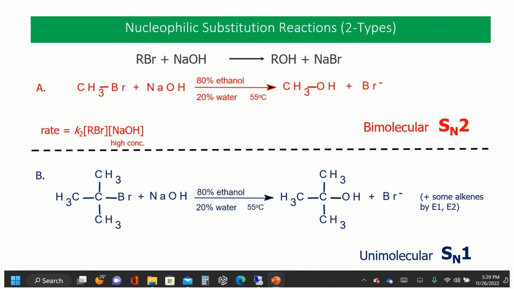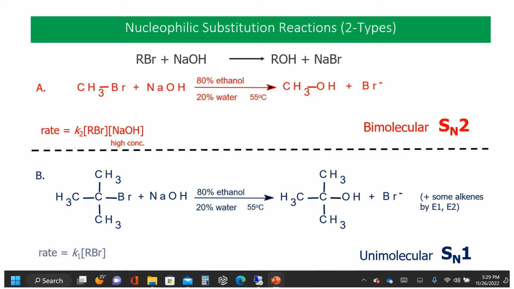In the case of the SN1, which is unimolecular, then again we have, in this case, a tertiary alkyl halide. And we realize, in this case, tert-butanol, and again, the halide byproduct.